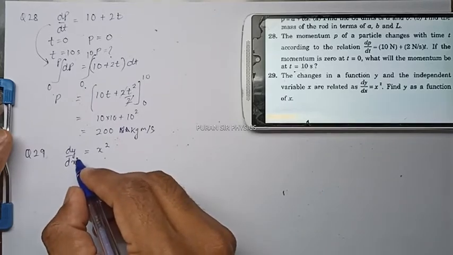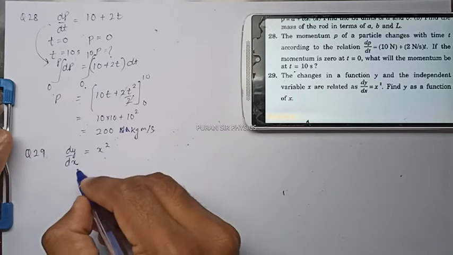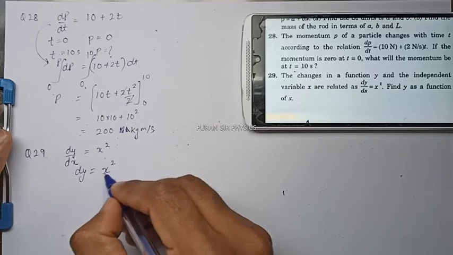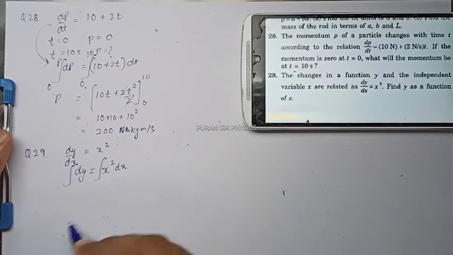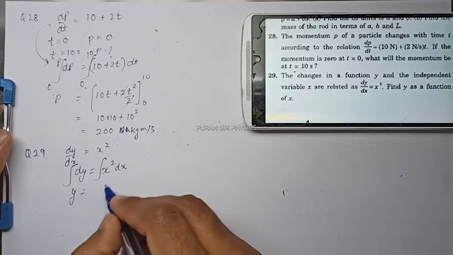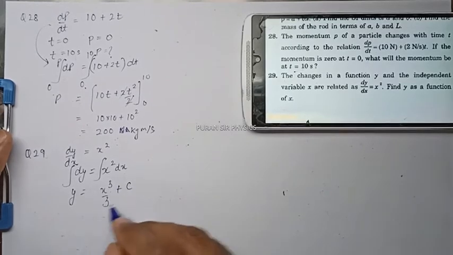So what we can do is, take one variable on one side and the other variable on the other side. So we can write it like this, dy equals x square dx. So now we can take the indefinite integral. So it will become y equals x cube by 3 plus some constant. So this is the answer of question number 29.